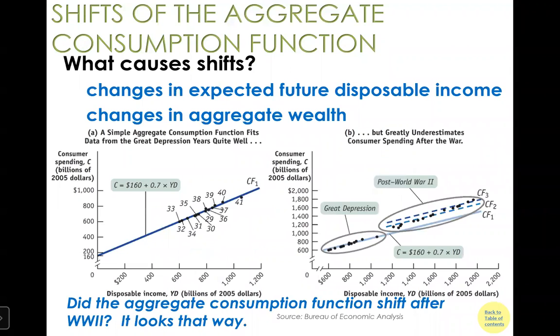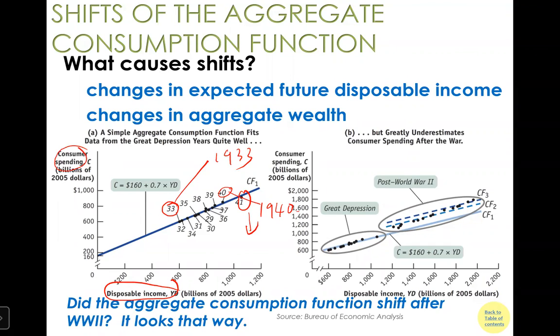Now we can look at US data through history. On the left-hand side, by the way, this 33 refers to 1933 and this 40 refers to 1940. Each dot gives us the aggregate disposable income in the US economy versus total consumer spending in the US economy.